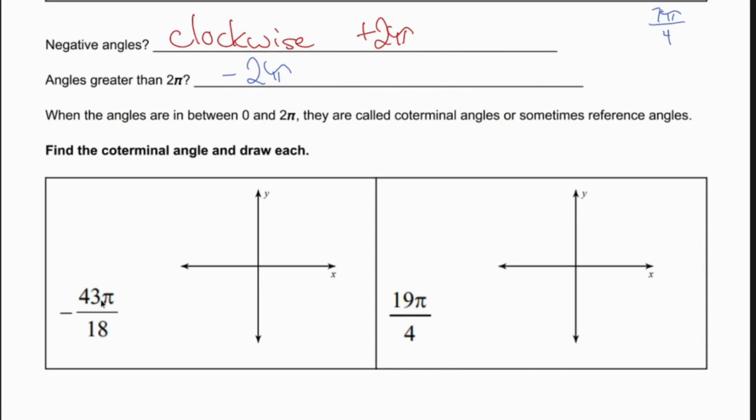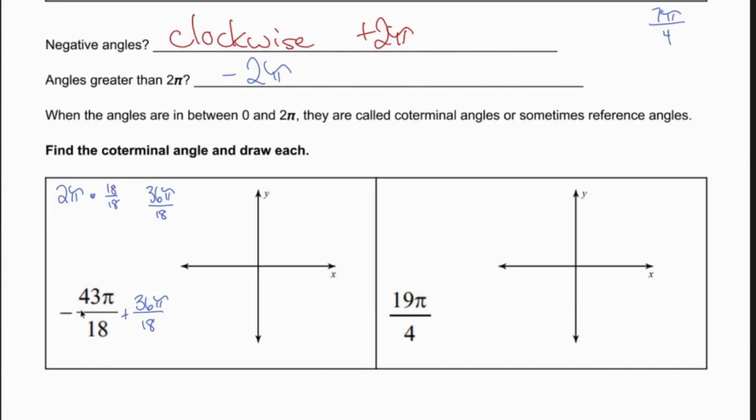So this is negative 43 pi over 18. So what I need to do is understand that 2 pi turned into something over 18 means I'm going to multiply the top and the bottom by 18. So that gets me 36 pi over 18. So I'm going to add 36 pi over 18 and see if I land in between 0 and 36 pi over 18.